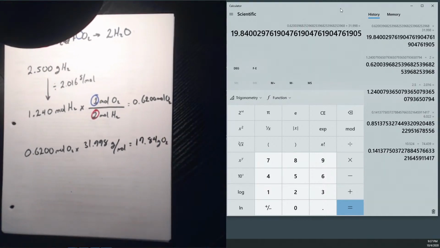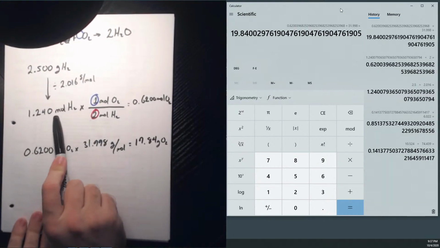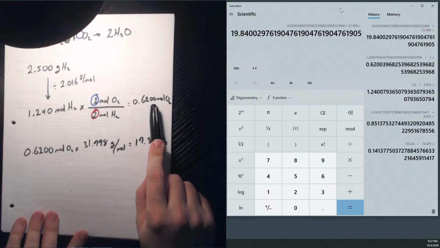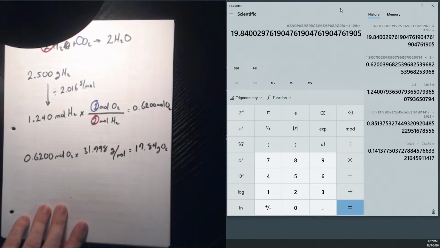So this was the stoichiometry step: converting from moles of one substance to moles of another substance using the balanced chemical reaction as your guide.